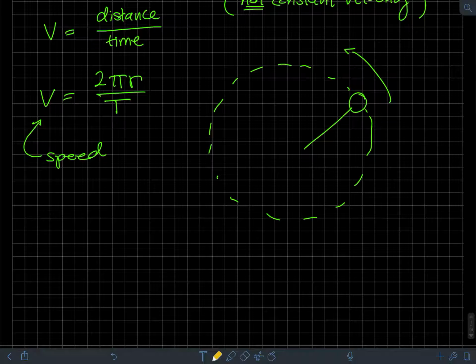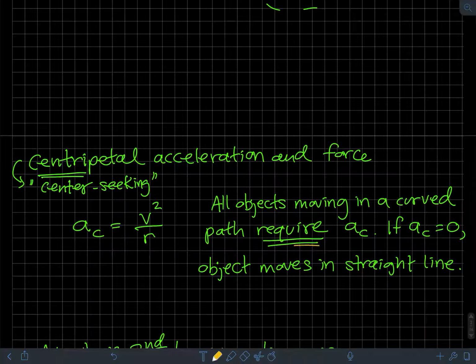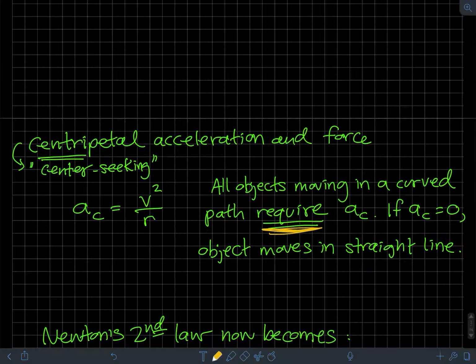The centripetal acceleration points toward the center of the curve. And it's this centripetal acceleration that is required in order to make a path curved, because if we don't have any acceleration toward the center of the curve, then we're just going to move in a straight line and have no change in our direction.